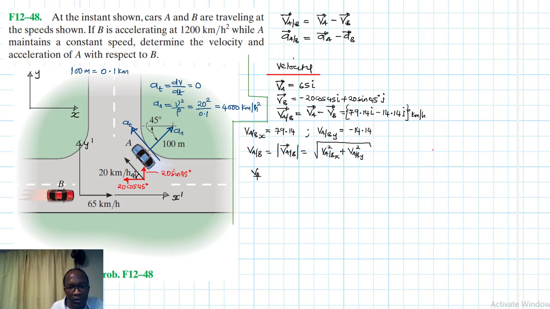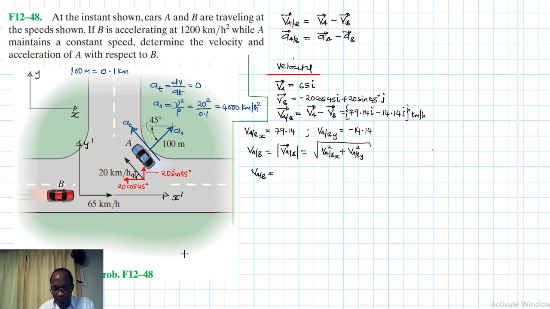Therefore, VAB is equal to, let me check this again. 20 plus 45 plus 65, 79.14.